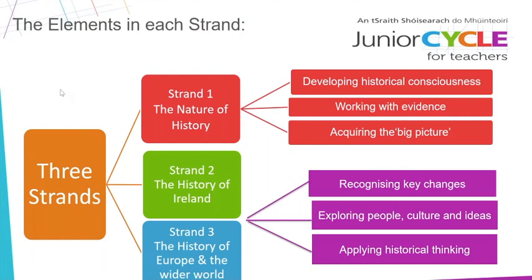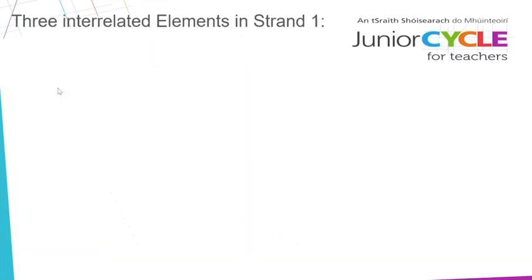So let's look closer at the elements of Strand 1, the nature of history, and their role in helping us plan units of learning in the new junior cycle history specification. The first interrelated element of Strand 1 is developing a historical consciousness. Each of the elements of Strand 1 has a distinctive purpose.